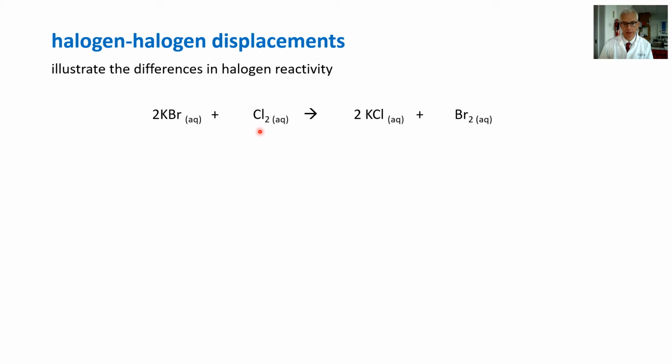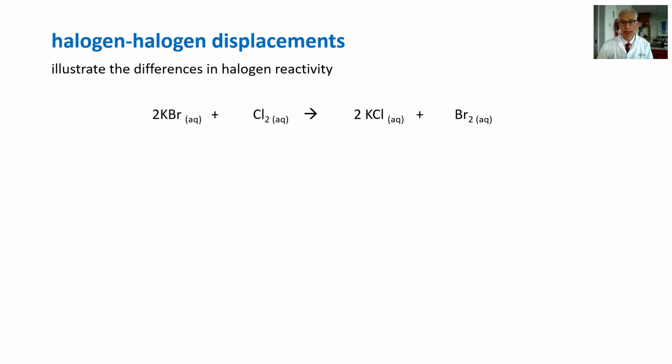It's more reactive than bromine, and therefore the product of the reaction is chloride ions, and bromide is changed to bromine molecules. So chlorine, being more reactive, has displaced bromine from its compound in solution. Chlorine has a greater tendency to form the chloride ion than bromine has.